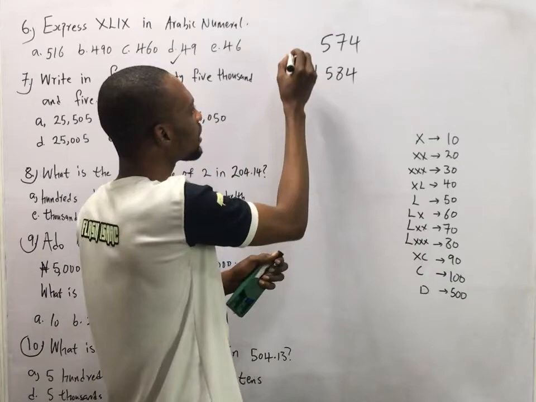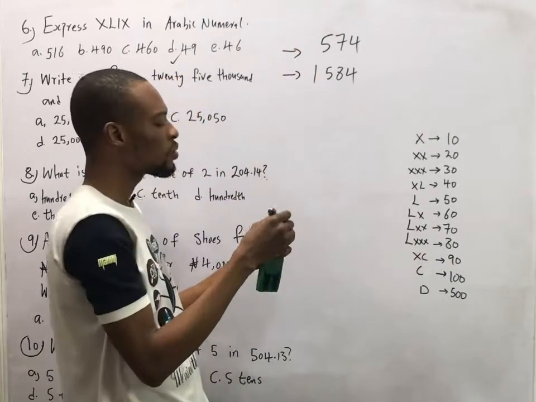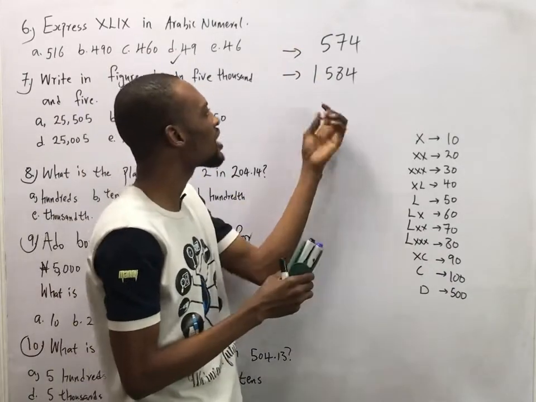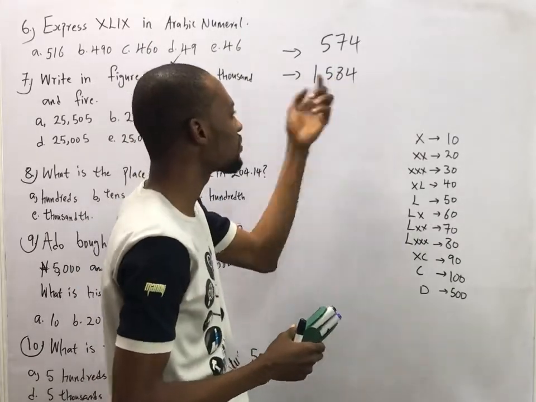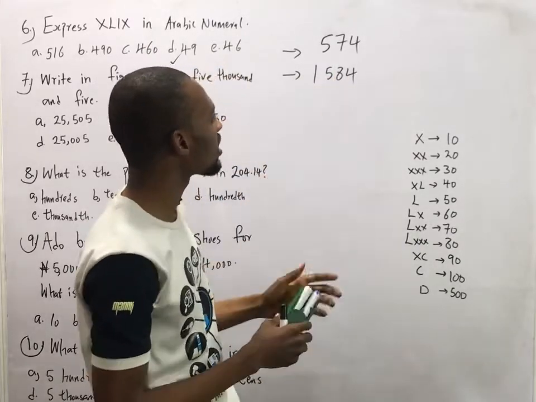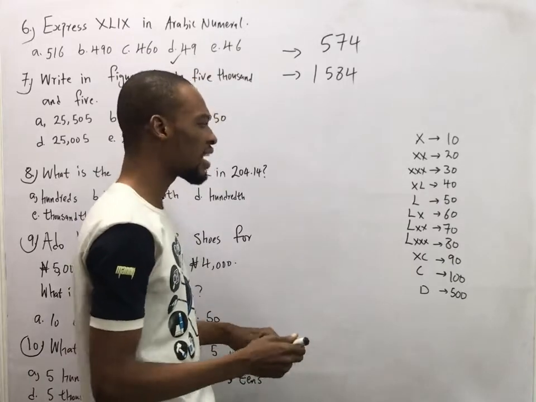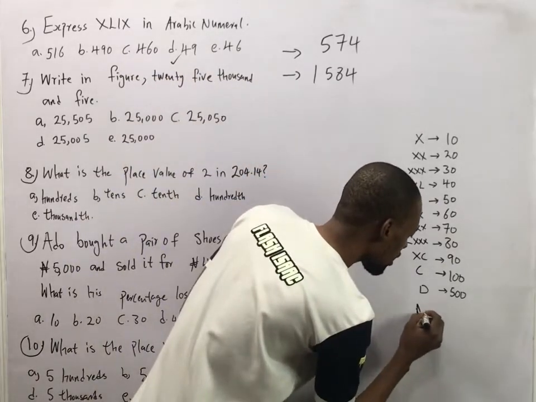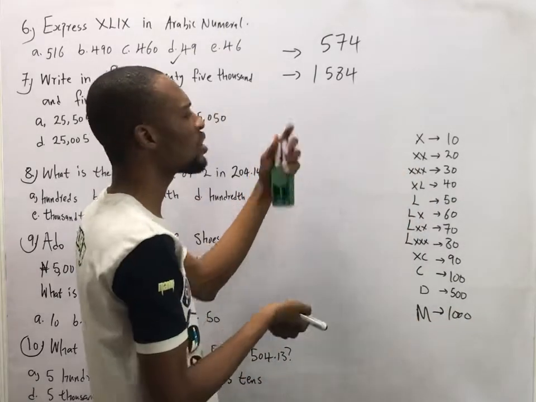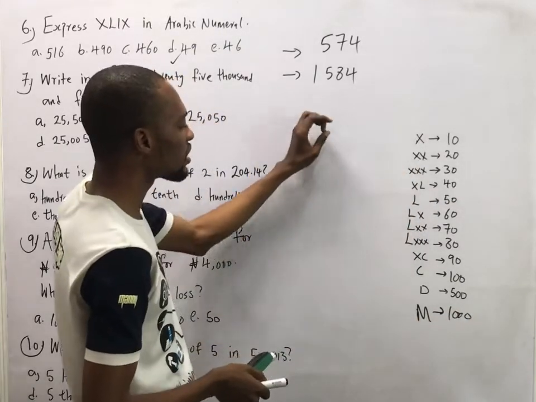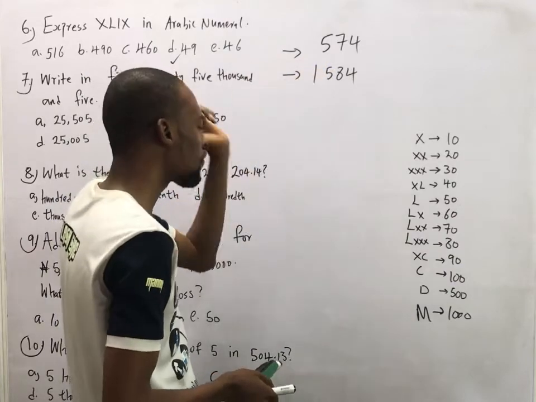Now, if I give you this and ask you to convert to Roman figures, what would you do? 574 and 1584. And in addition, 1000 is M. So how do you go about that? So let's start with 574.